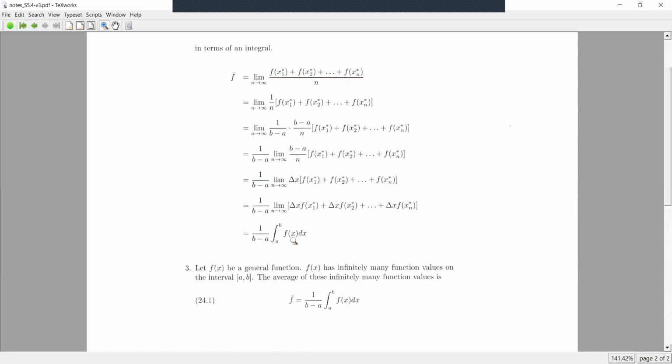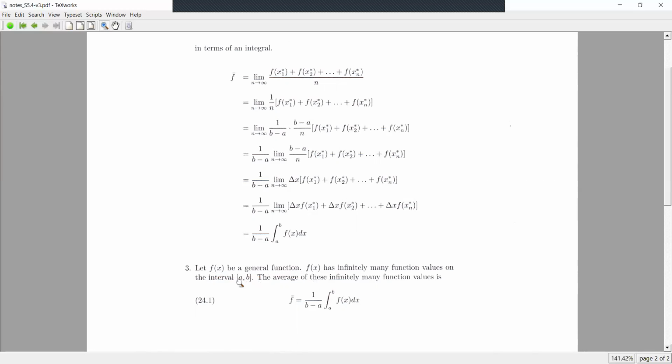But actually, this result can be extended to any function. Now suppose f is a general function, not necessarily the elevation of a mountain.